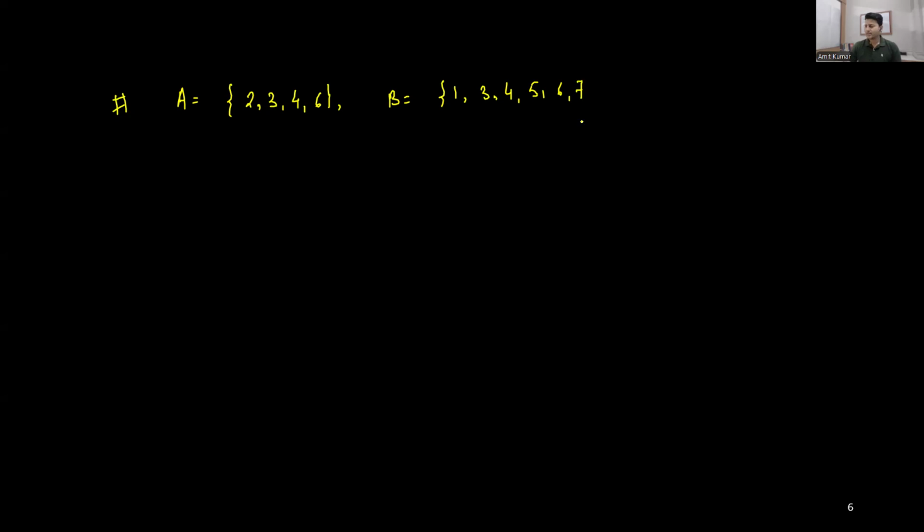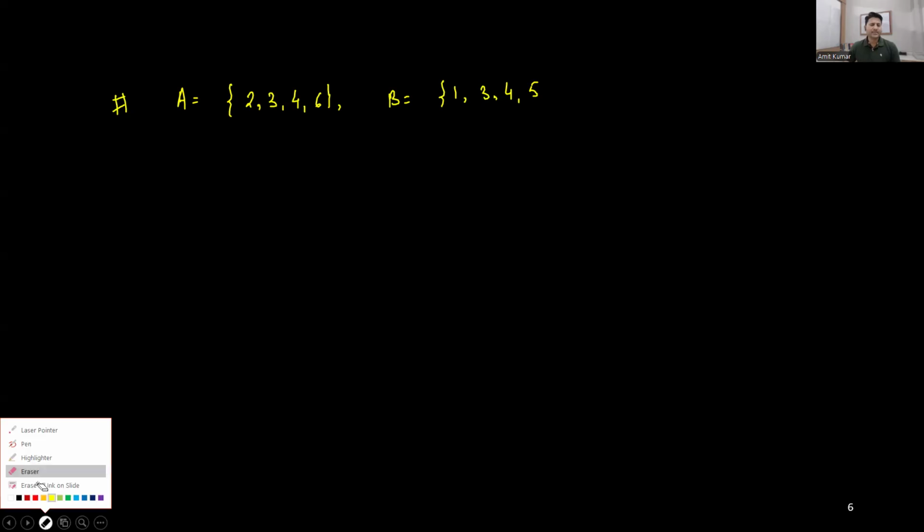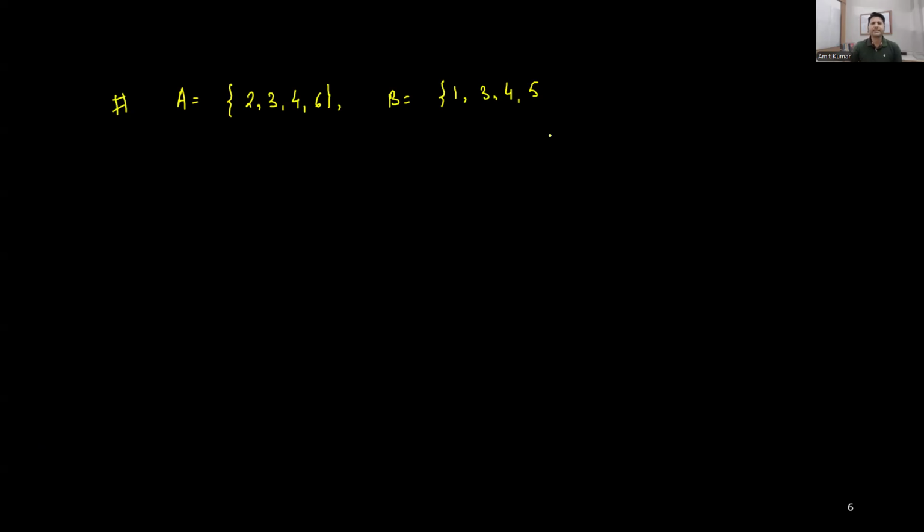Or let us just reduce the size of B. So I am taking in B the elements 1, 3, 4, 5. These are the elements in B and these are the elements in A. Let us define a relation R from set A to set B.